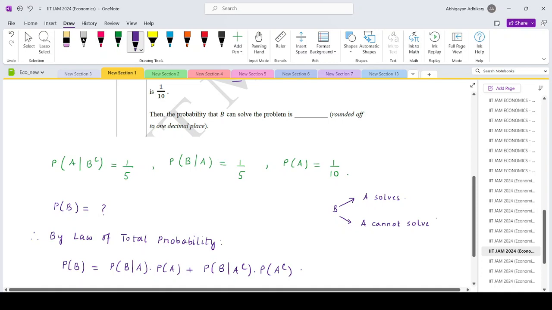Probability that B solves the problem given A also solves, or probability that B solves the problem given A cannot solve. These are the two cases that will total give us the combined probability of B solving the problem. Okay, so now we will be replacing the values.